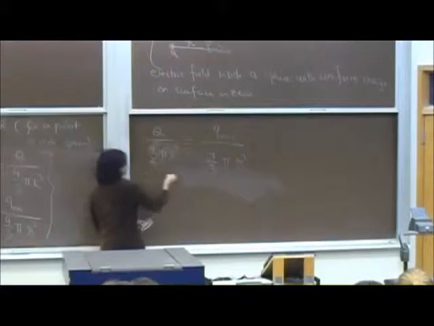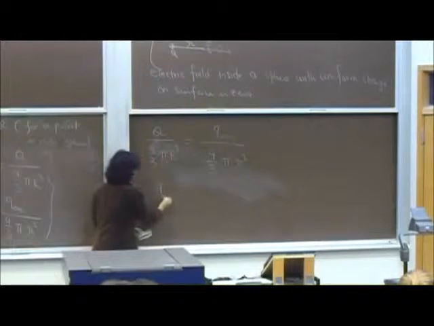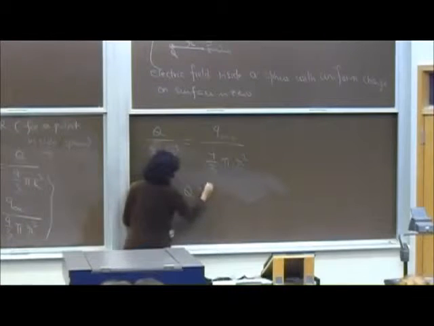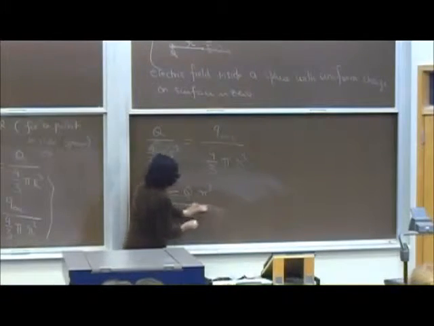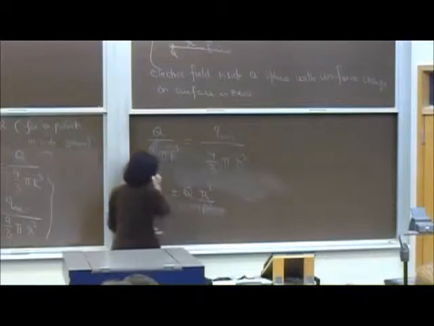Notice that the 4 over 3 pi gets cancelled, and what I have is Q enclosed is equal to Q times r cubed divided by R cubed.